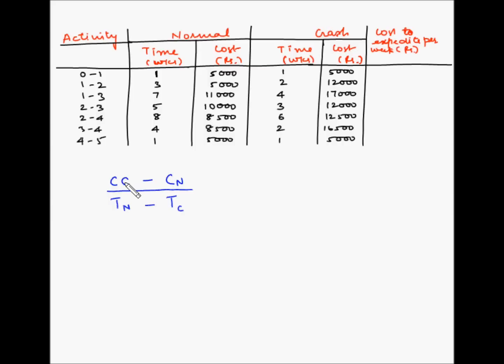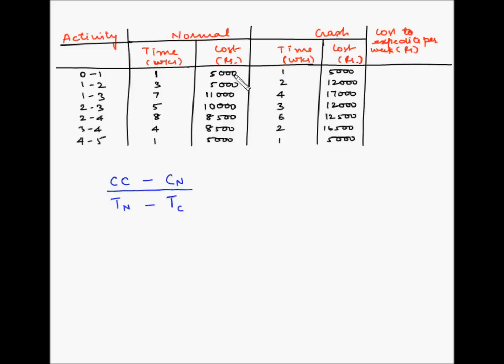So that is found by subtracting the crash cost and normal cost, and then we have to find out per week. So we are dividing it by the difference of the time. So the time which has been achieved after crashing subtracted from the normal time. So that will give us the increment in the cost per week.